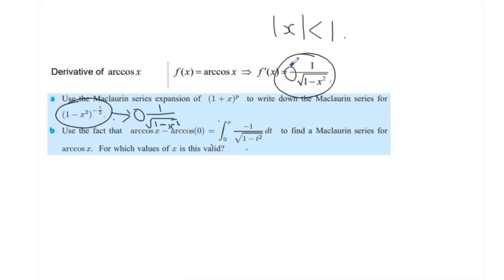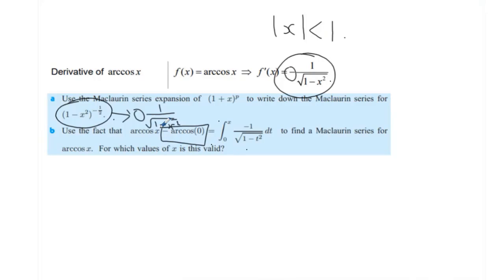So if we were to integrate, we would have arc cos x minus arc cos 0 equals the integral of the negative of our series. We are going to need to know arc cos 0, because in a lot of cases when we've done similar things, it's been 0.